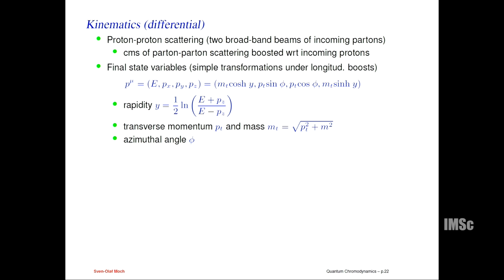So the kinematics, if you go to differential kinematics, then you basically parameterize this in terms of transverse mass and cosine of the rapidity. We always integrate out the azimuthal angle.